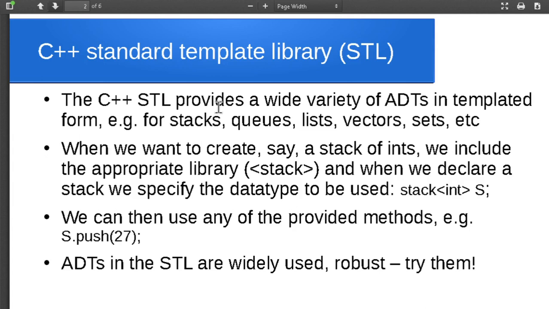We can use these and specify, okay, this time around I want a stack of ints, or a list of floats, or a stack of strings, or whatever it might be. So we tell the compiler what we want built. It goes back to this library of templates, finds the blueprint for a stack or a list, fills in the right data type, and then compiles.